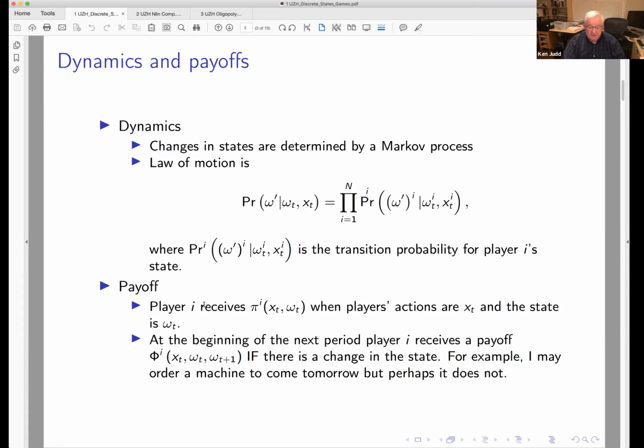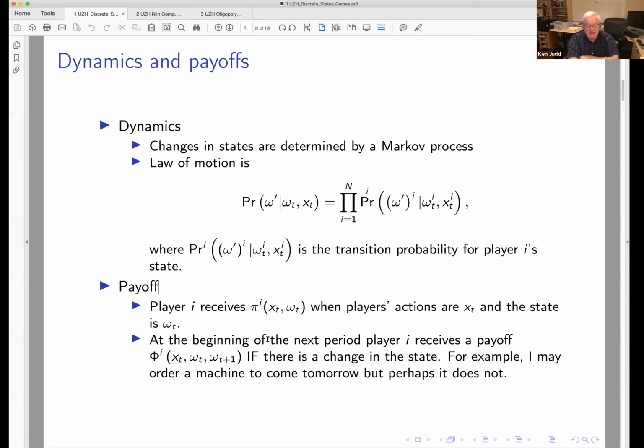And now the player receives a payoff at each time t as a function of the state they're in and the actions they take. Now, when you think about a variety of things, like let's say you want to open up a new factory, in order to make this work cleanly, mathematically, existence proofs, etc., this transition has to be probabilistic. But then you have to think, well, how do I model things like spending money on opening up a new factory?